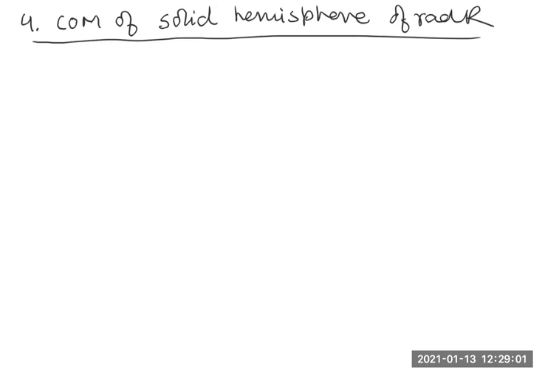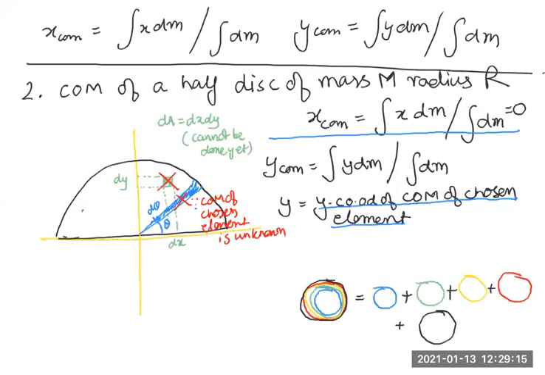So try and do this by yourselves. We will discuss this in the next class. Please take screenshots. So this is the first screen where we try to find the center of mass of a half disk. And यहाँ पे actually हम लोगों ने निकाला नहीं है, but I have shown you what elements not to take.